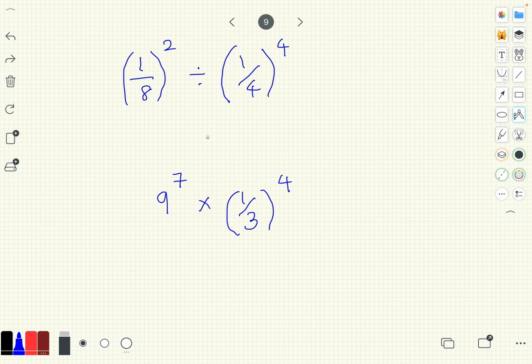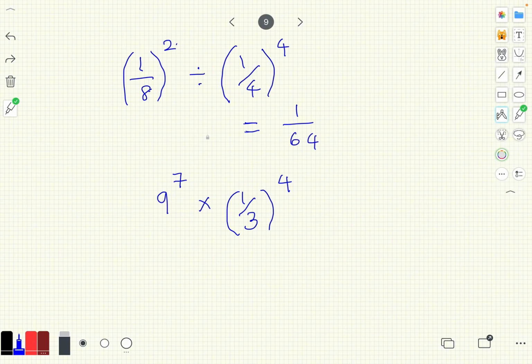So in the last session, I have given these 2 examples. These examples are very simple. There are 2 ideas that we have to think about in this question. The first one, 1 over 8, if you expand it, it's 1 over 8 to the power 2, which is 64. Divided by, 1 to the 4 is 1, 4 to the 4 is 256.